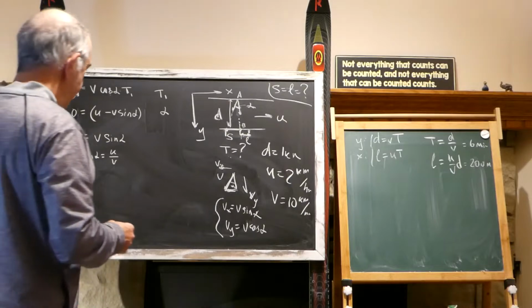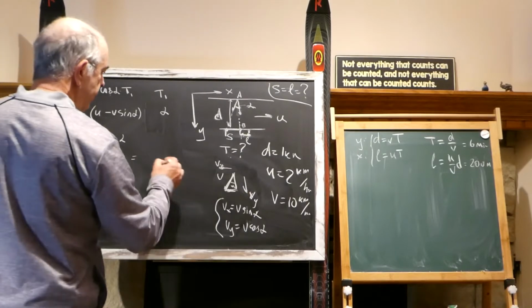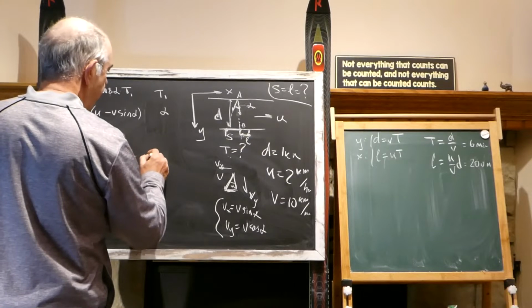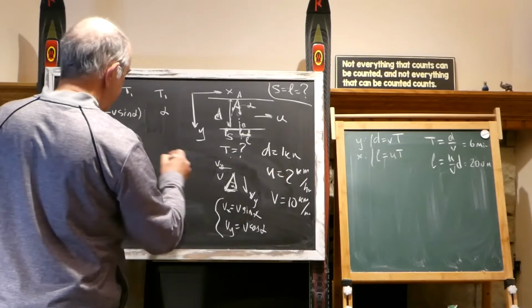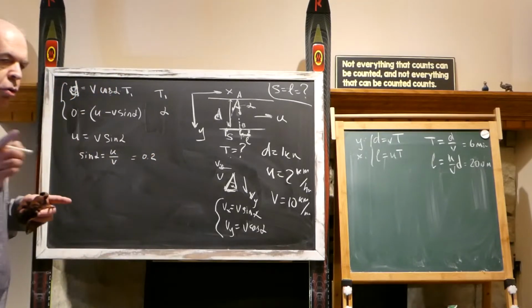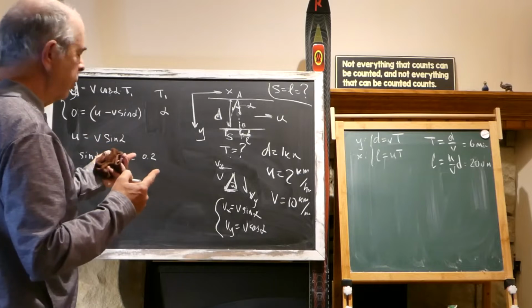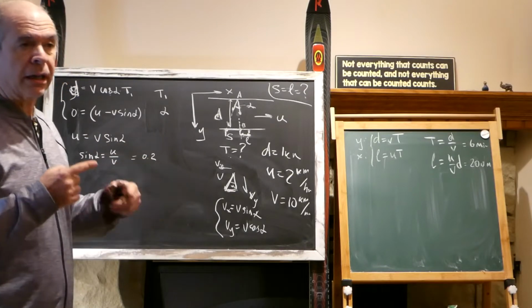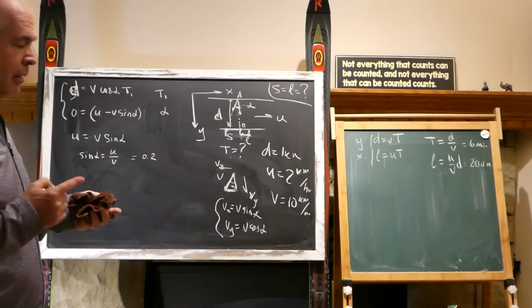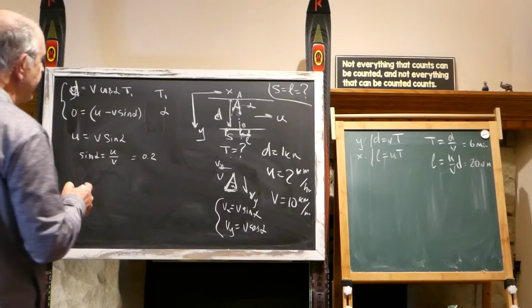I can put the numbers right away, it is 0.2. You can use your calculator to find it, because without a calculator I cannot find the arc sine of 0.2. But you can, and you will find the angle alpha.